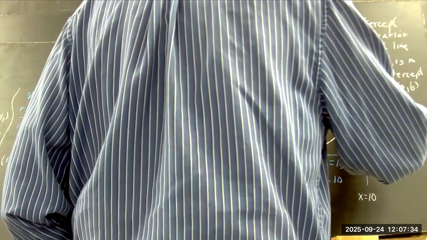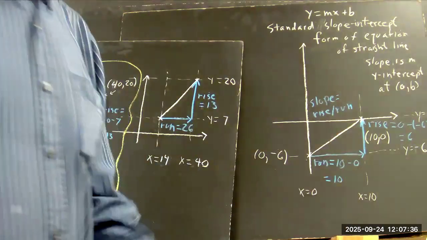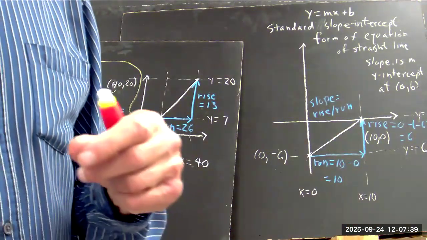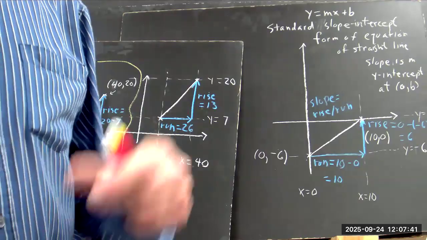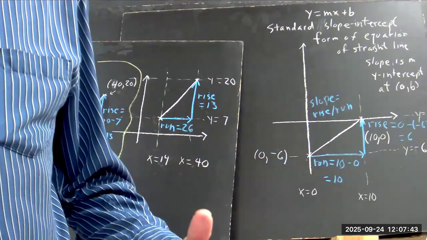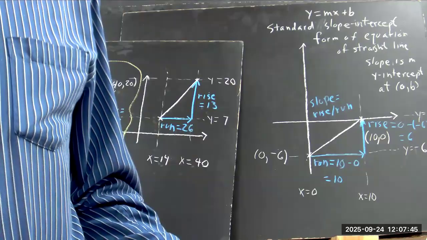Now the slope equals rise over run. Write out every word. If you write out every word a couple of times, then they're going to come automatically to you.